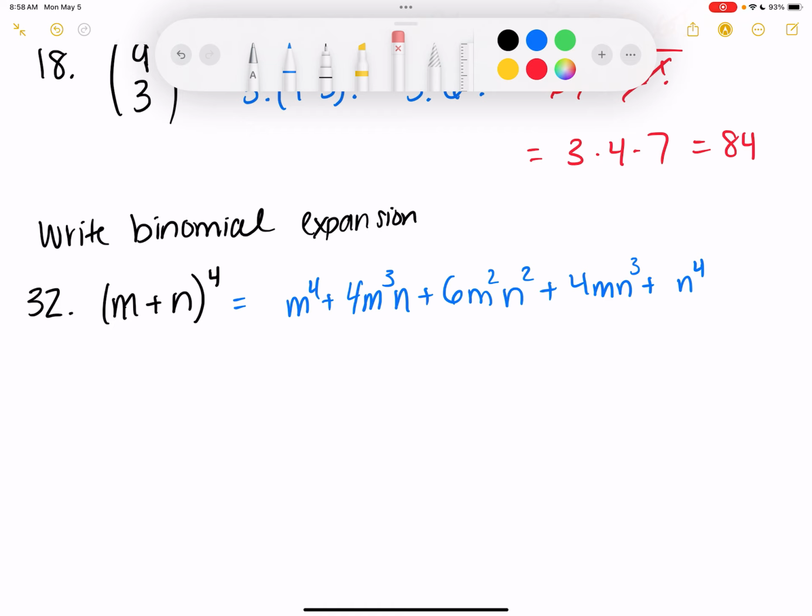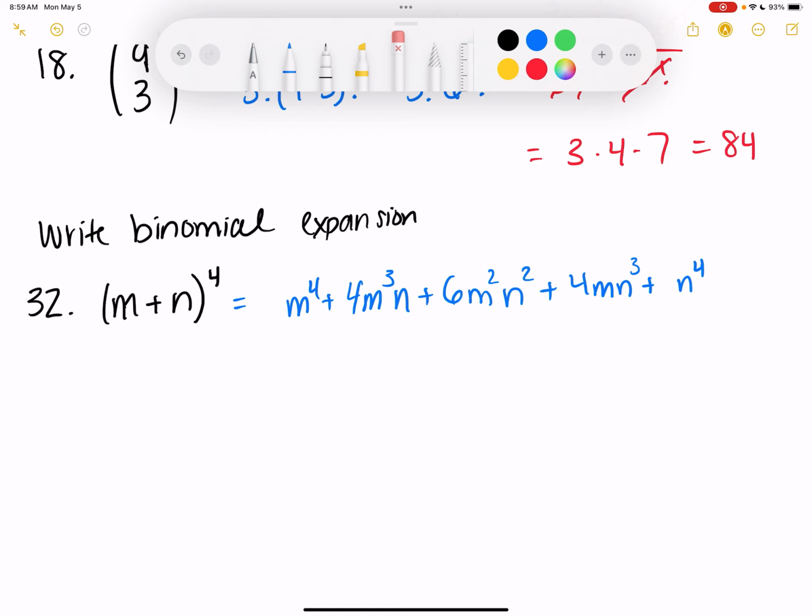Now, not bad when it's just like m and n, x and y, something like that, right? But sometimes these things have a number in front of them, or notice this was a positive sign here, okay? This expansion works for when it's positive.